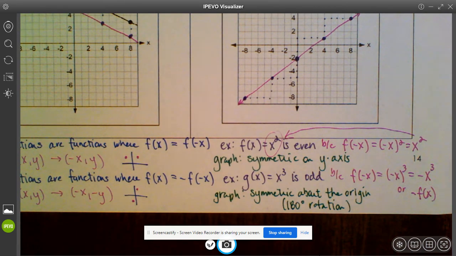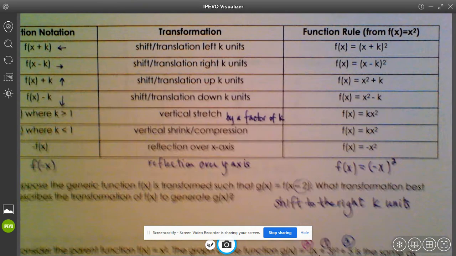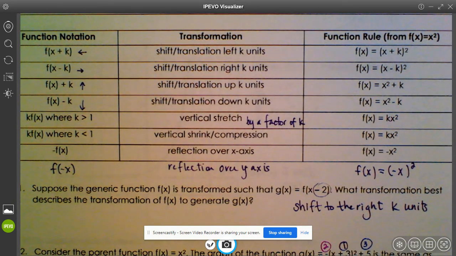So that's basically everything you need to know for this unit. That concludes this unit. But the key point for me is to make sure you understand how transformations work, how they look in a function, how they would adjust on a graph, and what happens to the key features, asymptotes, ranges, domains, and all that good stuff. And that's everything.